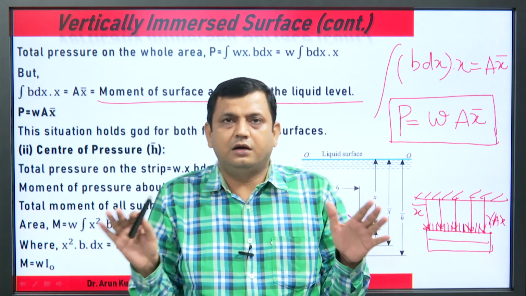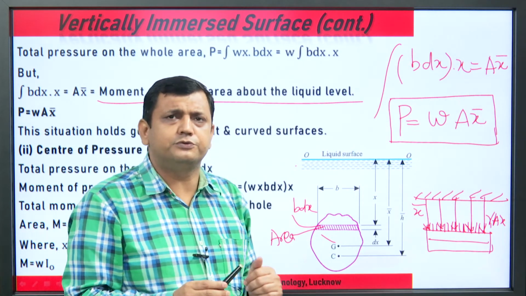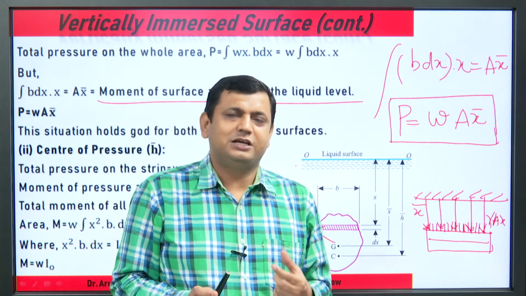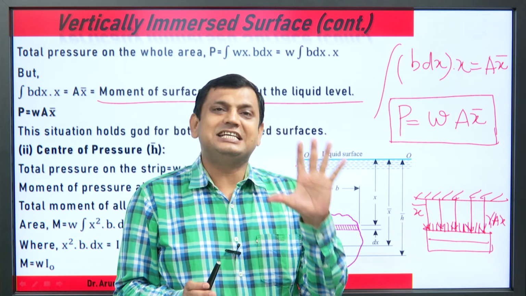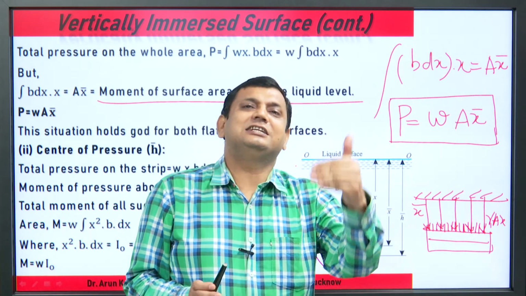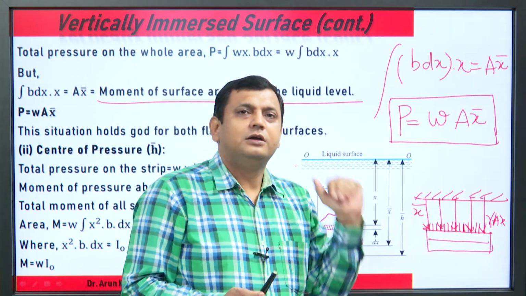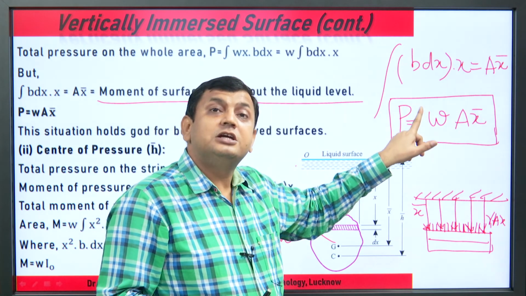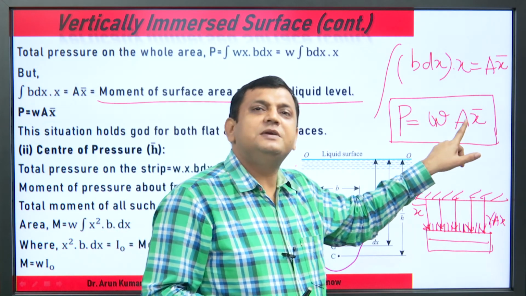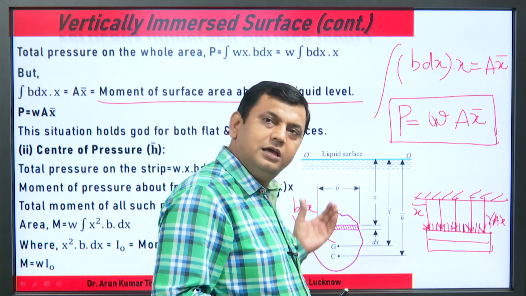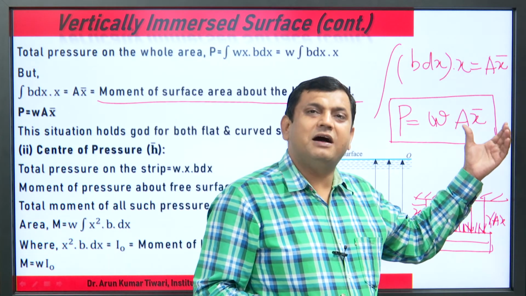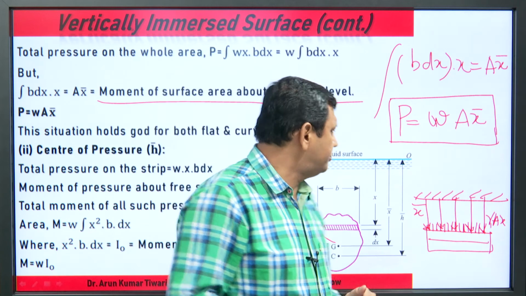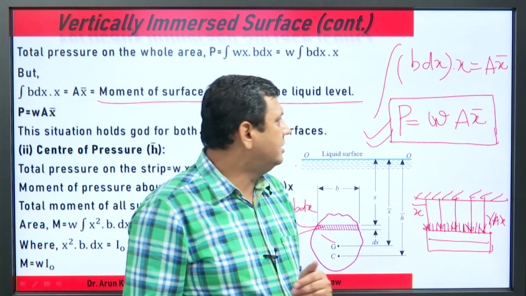If you draw the pressure distribution, this is the pressure force. So in the second case, the vertically immersed surface, the total pressure is the same as for the horizontal: capital P equals W A x bar. W is the specific weight, A is the area of the surface, and x bar is the depth from the free surface to the CG point.